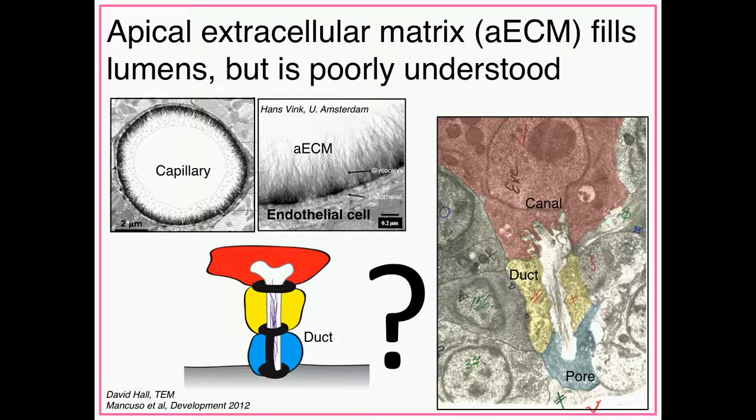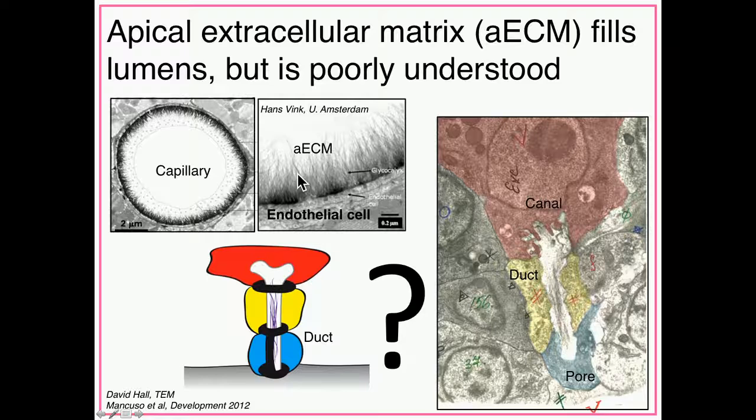So one thing that we think might be involved is apical extracellular matrix, or apical ECMs. Apical ECMs are secreted onto the apical surfaces of most epithelia, including the lumens of tubes such as capillaries, for example. This is an electron micrograph of a capillary, and it's a little hard to see on here, and I'm sorry, but there are multiple apical ECM layers here, and this is a zoom in along the membrane.